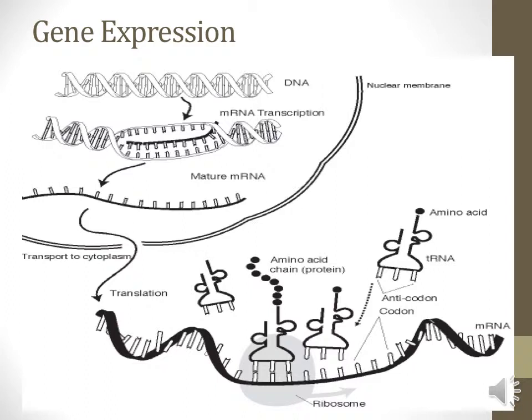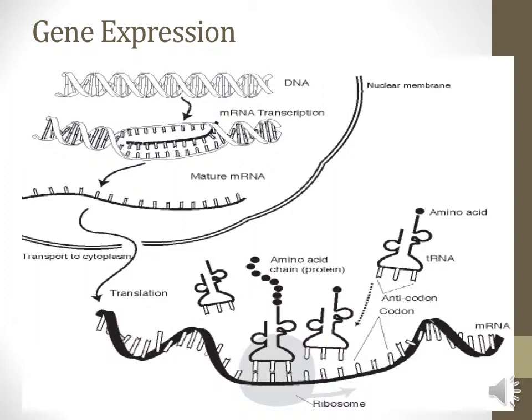So we have the DNA here located within the cell's nucleus. We can tell this because we see here our cell membrane, so the DNA is here within the cell nucleus. The first step here is that it's transcribed into mRNA.